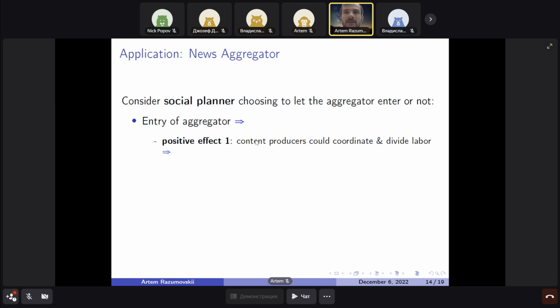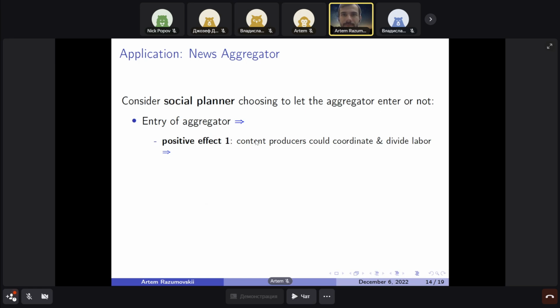Before, the agency produced all kinds of news on the market, so they had to compete with each other, which means you need to collect a high audience. Then you need to create news on all topics to attract all possible readers.